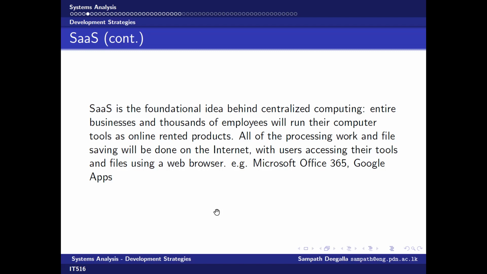Yes, we can have offline synchronization in case something goes wrong, or if you want to work offline. Otherwise, it could be online. You don't need hard disk space nowadays, right? Everything could be online. So that is one of the advantages you might get in software as a service architecture.